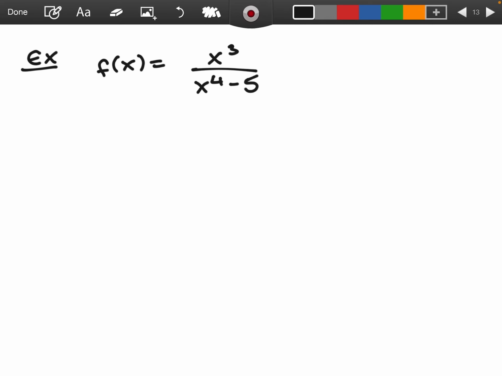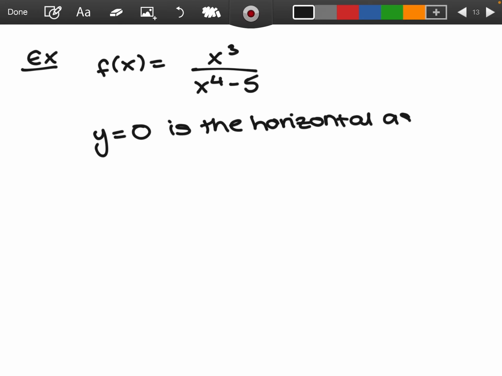In this case, the degree of P of x, the degree of our numerator, is less than the degree of our denominator, so that tells me that y equals 0 is the horizontal asymptote. Okay, so as x goes towards infinity and x goes towards negative infinity, you'll find that this function goes towards 0.